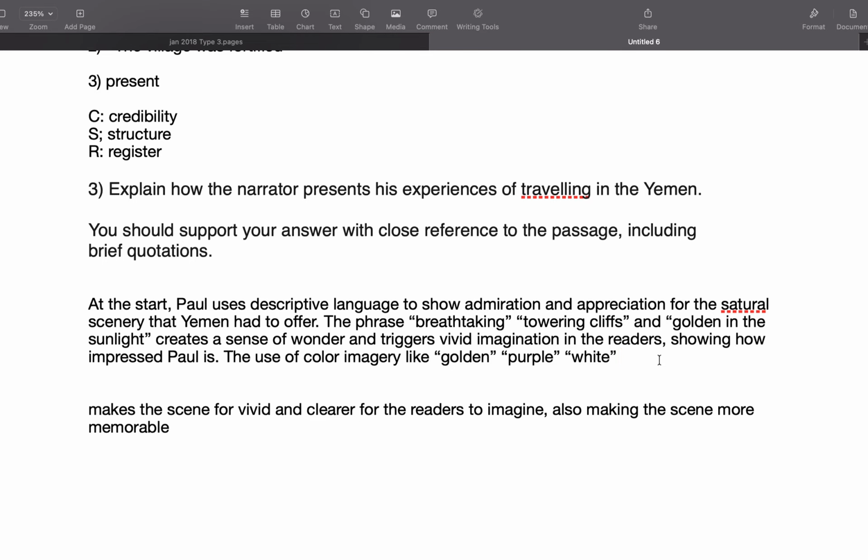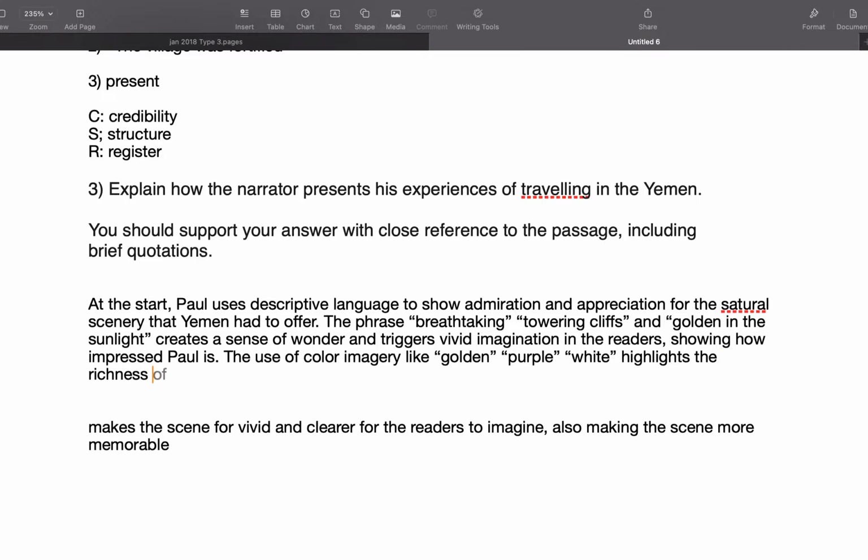Say highlights the richness of the desert. All of these things highlight the richness, and it's very vibrant, isn't it? Vibrancy of the city, right? Definitely we can say that.